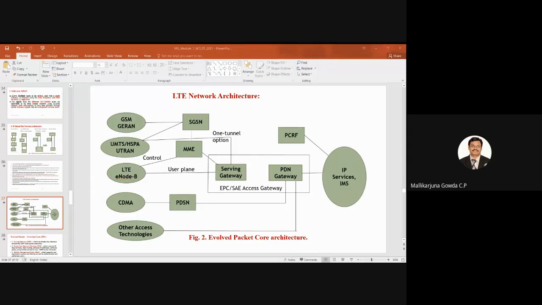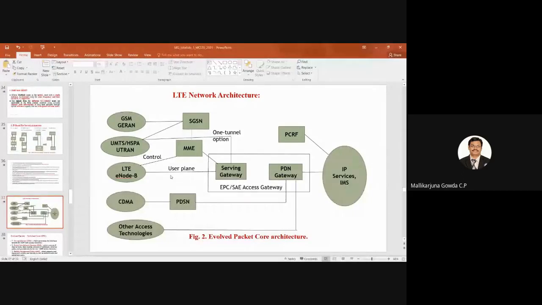Yes, can you read out one network element name? Sir, GSM. GSM, okay, fine.